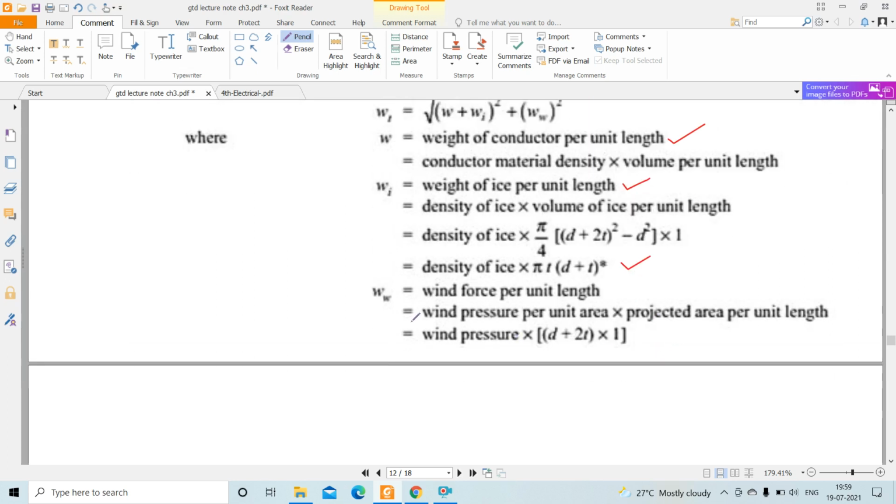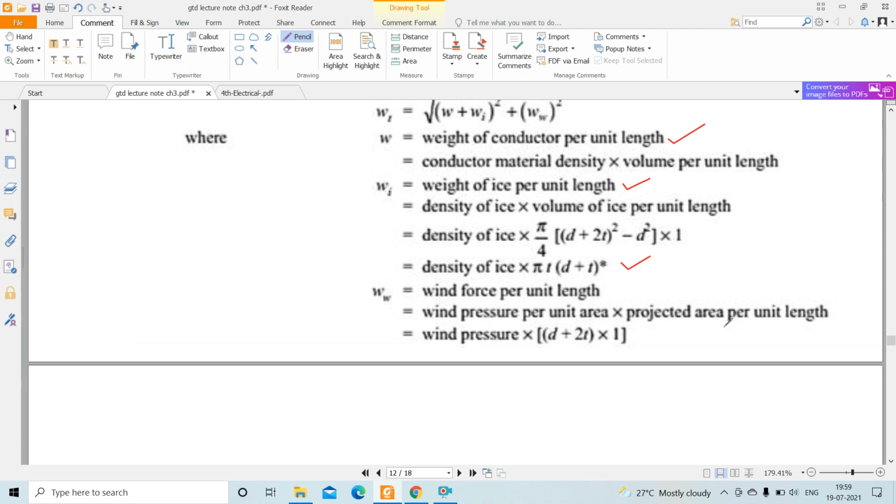Then Ww is the wind force per unit length. Wind force per unit length is the wind pressure per unit area into the projected area per unit length. Force is pressure per unit area, but we don't have a unit area, we have a particular projected area for a conductor length.